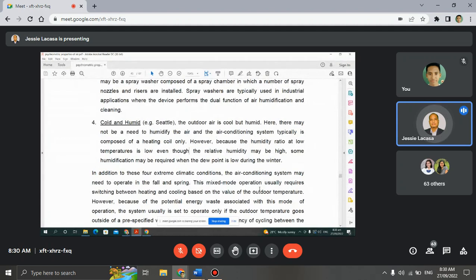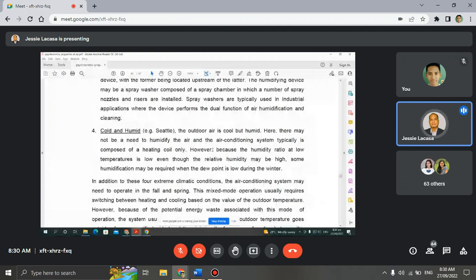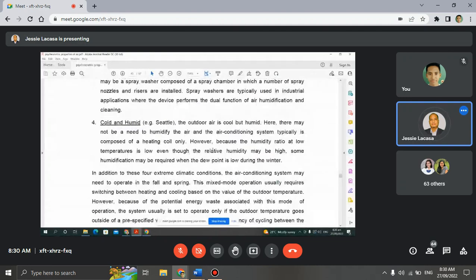Depende ra sa kung taas-taas ang iyang humidity, kung tolerable ra man. As long as it is tolerable and within the human comfort range, then it's okay, no? So, kinahanglan siya heating coil.